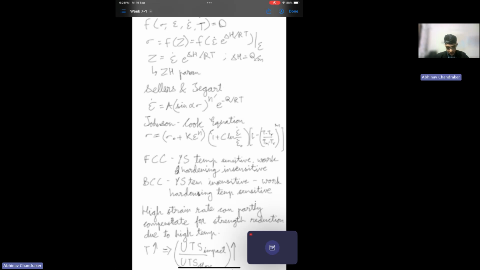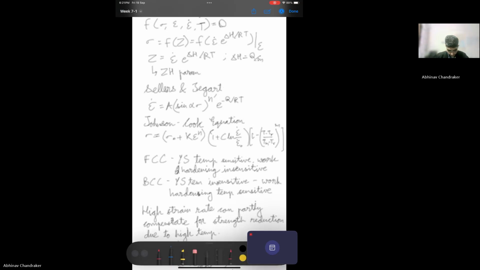One of them is this one involving the Zener-Hollomon parameter. Then we have delta X, and this is a relation between the value of strain rate utilized and the value of stress we get for a particular value of strain.